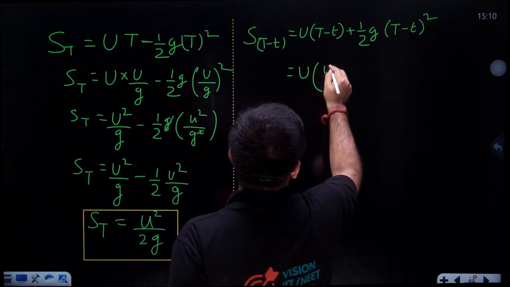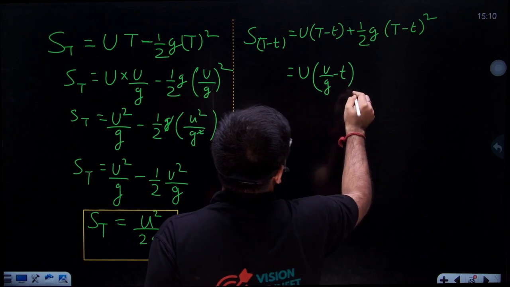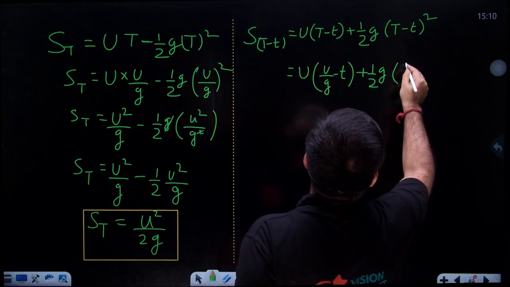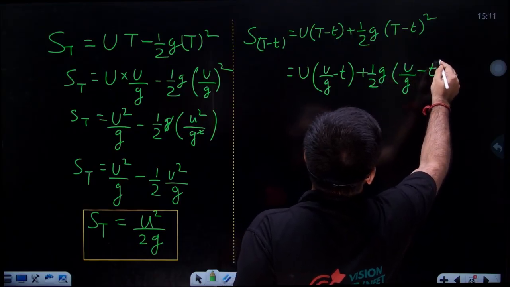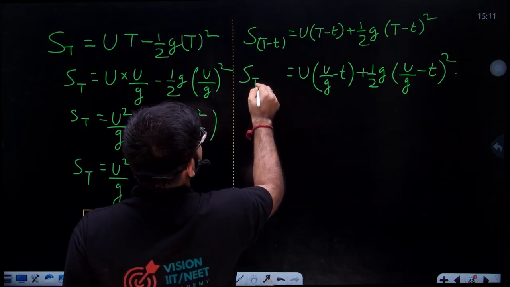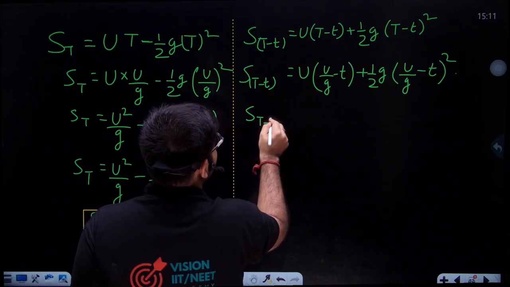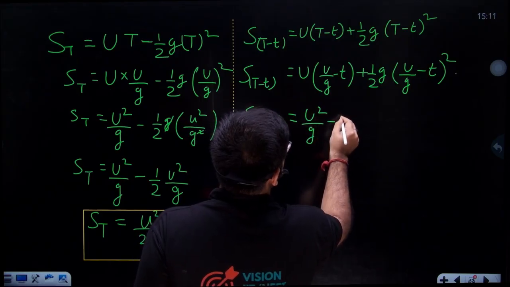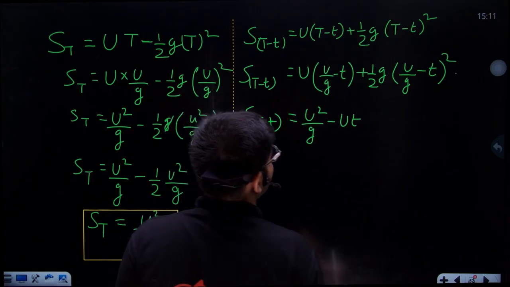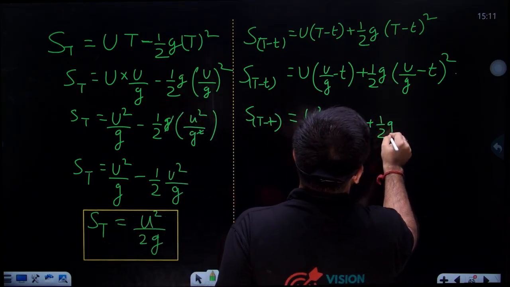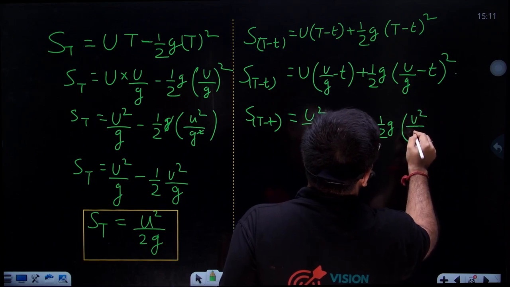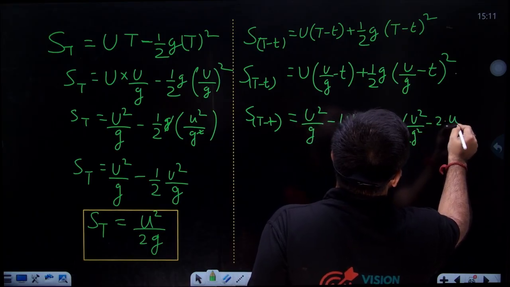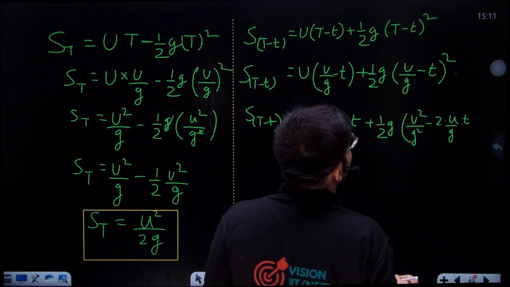The value of T is u by g. So u(u by g minus t) plus half g, and what was the value of T? u by g minus t whole square. This is S(T minus t). So S(T minus t) is becoming u square by g minus ut, plus half g, you are getting u square by g square minus 2ab plus t square.